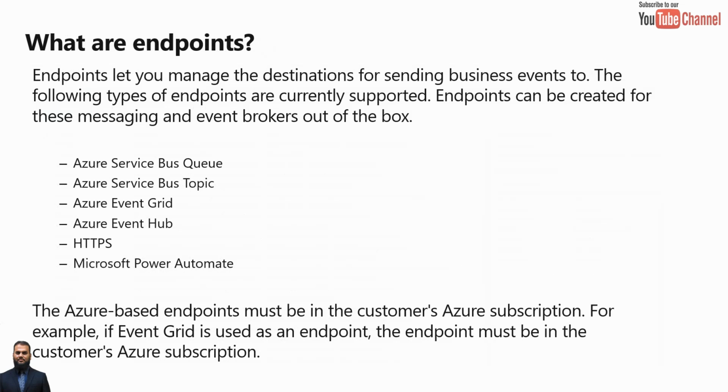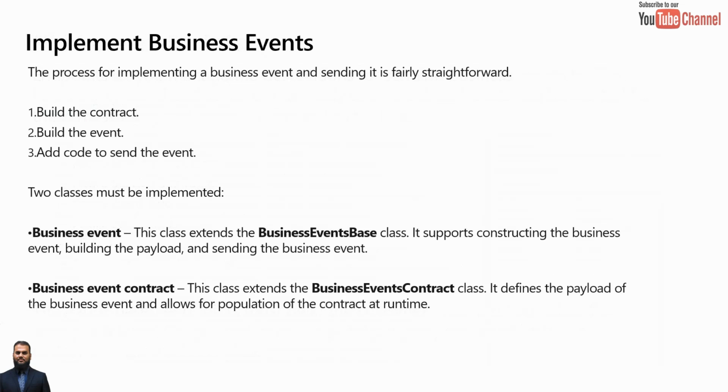These are the endpoints available. The endpoints should also be in the customer's Azure subscription. For example, if Event Grid is used as an endpoint, it must be in the customer's Azure subscription, which we then need to define in D365.